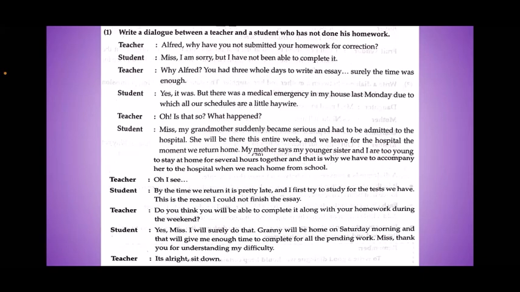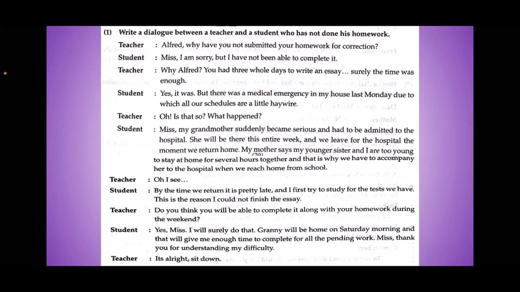Student. By the time we return, it is pretty late, and I first try to study for the test we have. This is the reason I could not finish the essay. Teacher. Do you think you will be able to complete it along with your homework during the weekend? Student. Yes, miss, I will surely do that. Granny will be home on Saturday morning, and that will give me enough time to complete for all the pending work. Miss, thank you for understanding my difficulty. It's all right. Sit down.